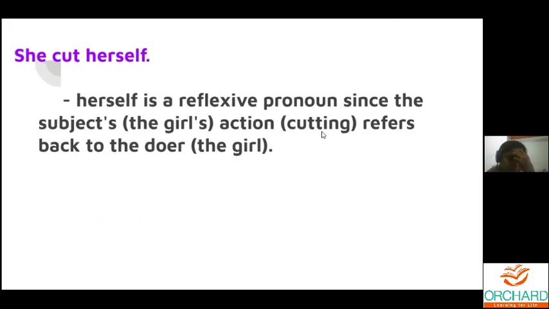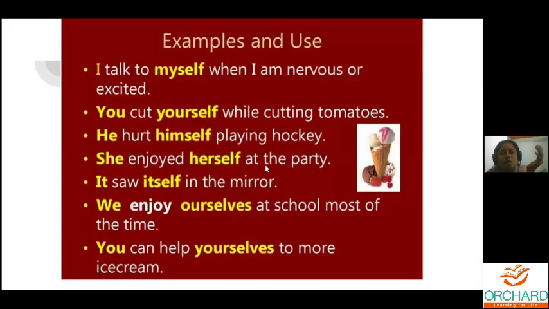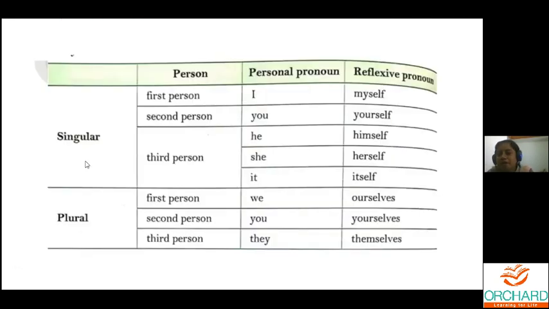Yes. So I talk to myself. You cut yourself. He cut himself. She enjoyed herself. It saw itself. We enjoy ourselves. You can help yourself. Yes. Subject and the object are the same. No need to open your textbook. Wait. And this is the tabular column showing it.